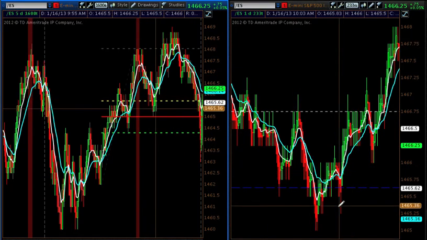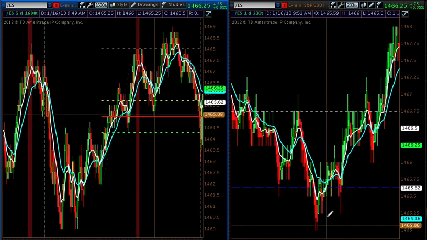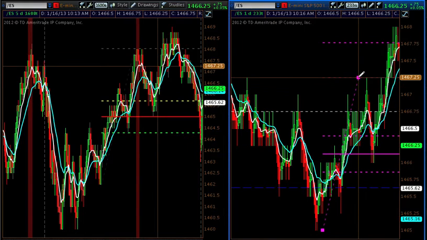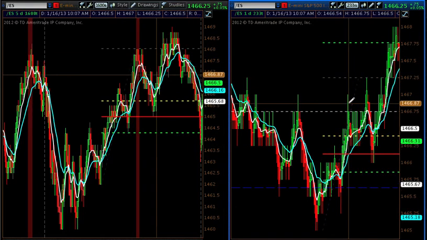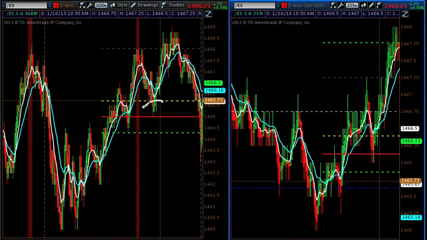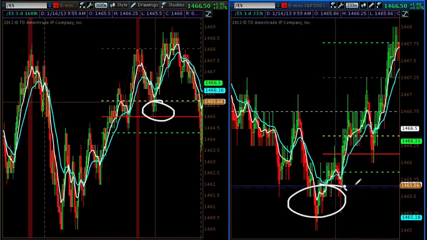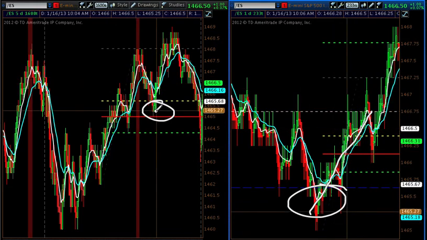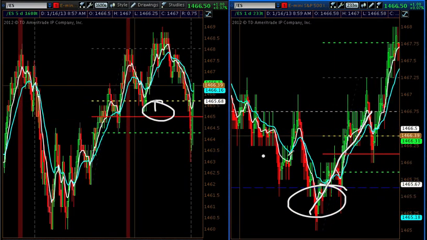Let's move over to the exact same trade on a smaller time frame. Do our fibs. Everything's the same. We're doing the exact same thing, just with the smaller time frame. You have this low, you have this low, but this time we're waiting for confirmation. We want to see this longer setup start to trade up.